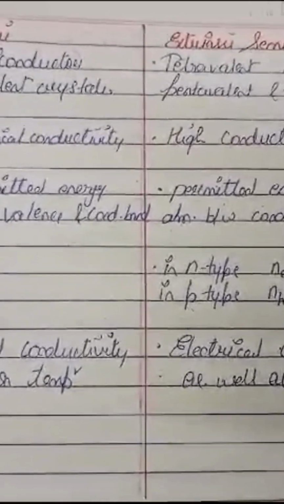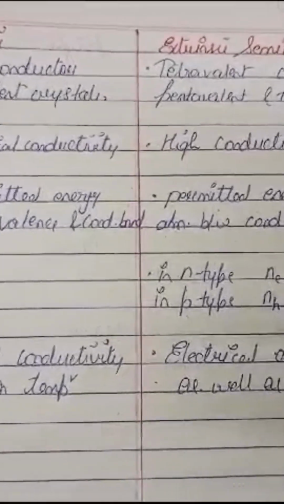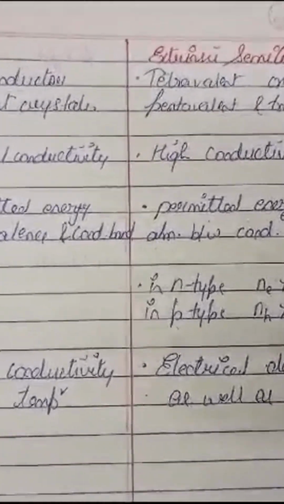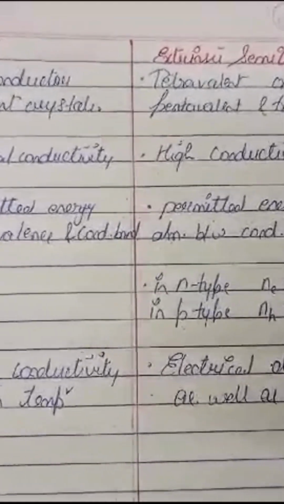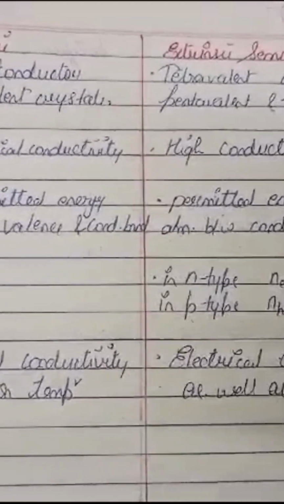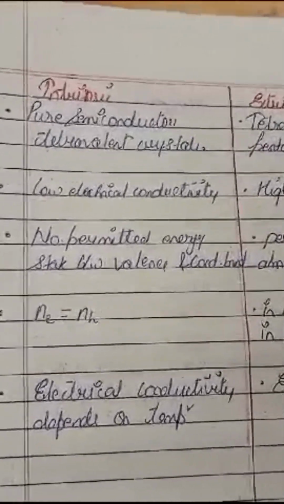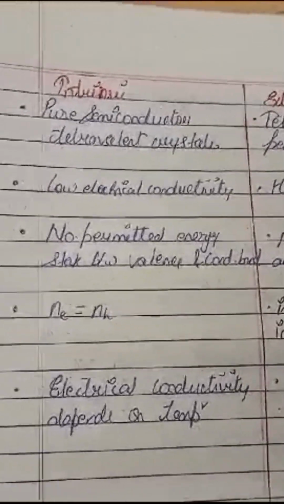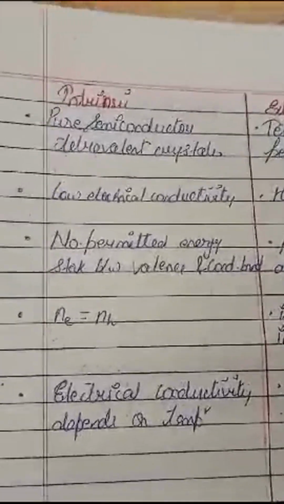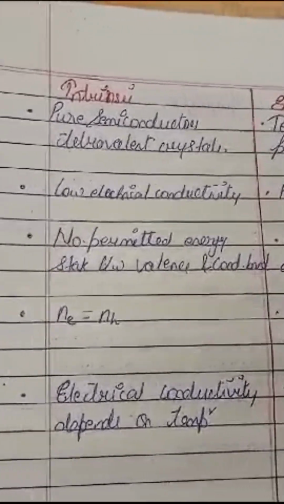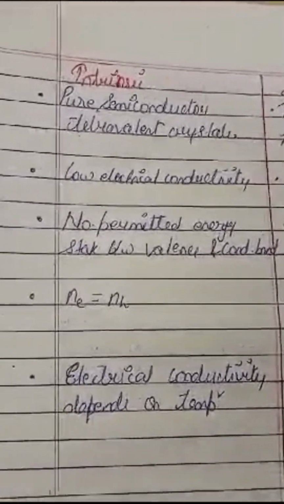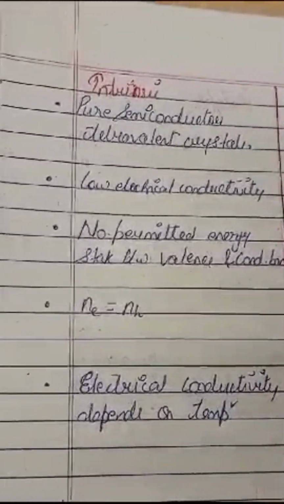Now, there are two types of semiconductors on the basis of doping: intrinsic and extrinsic semiconductors. Intrinsic semiconductors are also known as pure semiconductors, not doped with any impurities. It has a tetravalent crystal only. The conductivity is very low.